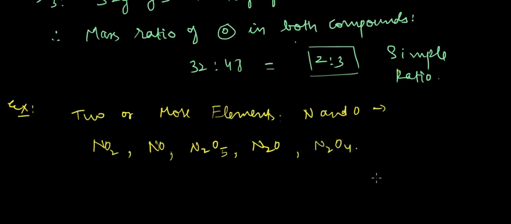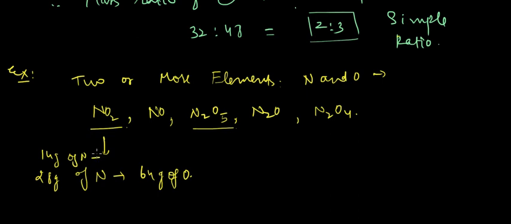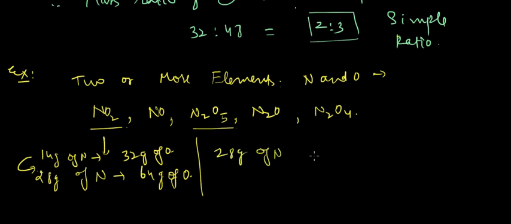Now in NO2 and N2O5, we wish to prove the law of multiple proportions. In NO2, 28 grams of nitrogen combines with 64 grams of oxygen, because 14 grams of nitrogen combines with 32 grams of oxygen. Similarly, in N2O5, 28 grams of nitrogen is present with 80 grams of oxygen.